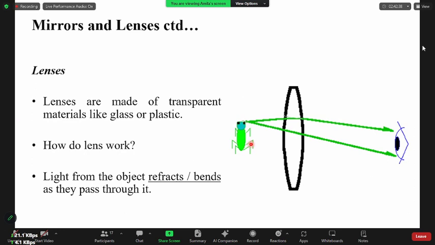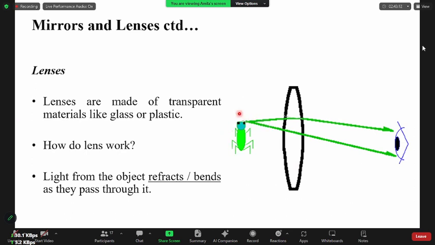Then what about lenses? Sometimes you may use spectacles. Or if you are working with bio-related stuff, you will use a lens to see tiny parts. These lenses are made of transparent materials like glass or plastic.